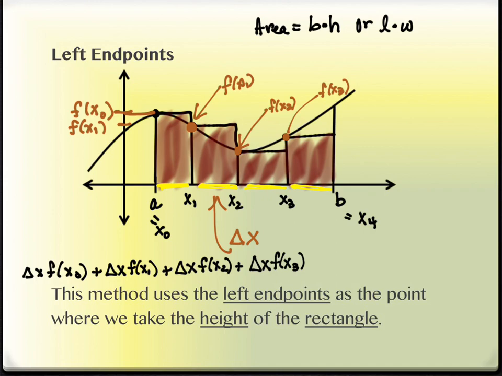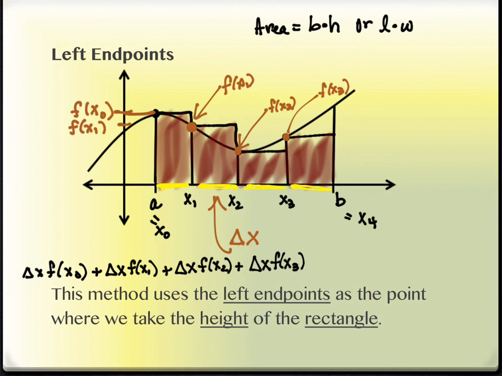But what do all 4 of those have in common? They're the same equation. More specifically, they all have delta x in them, right? They're all found the same way.